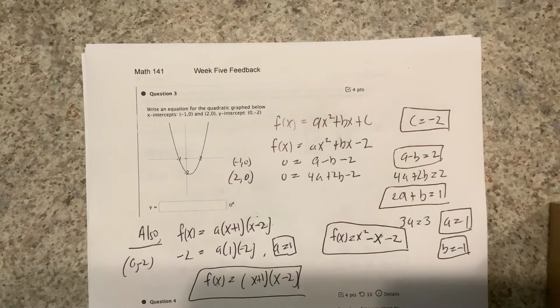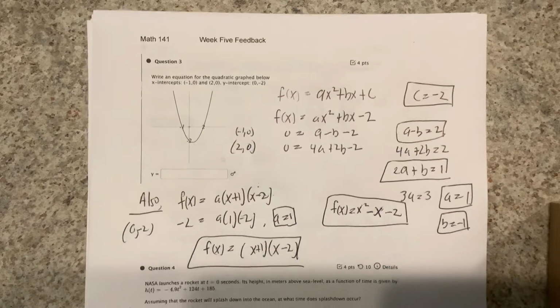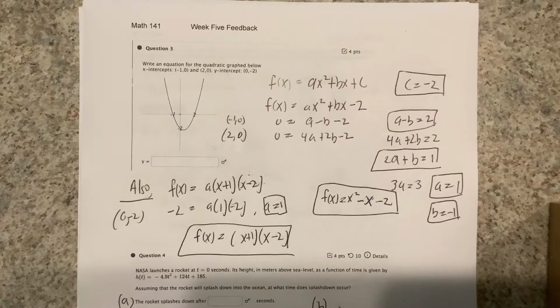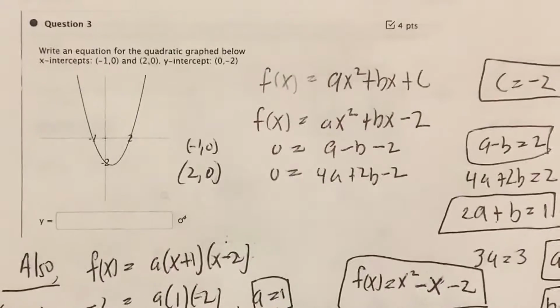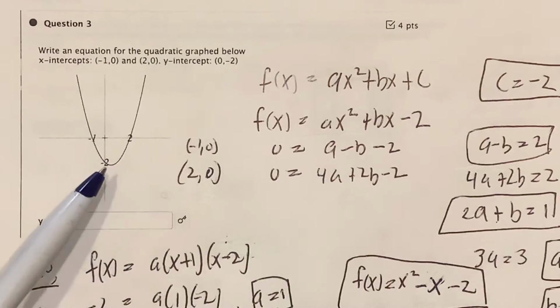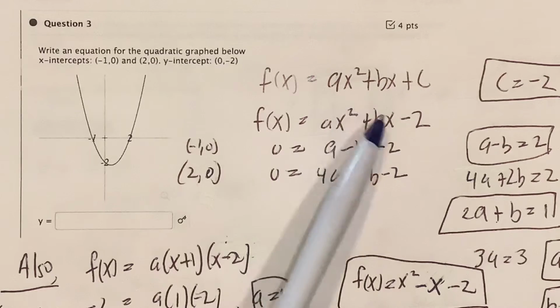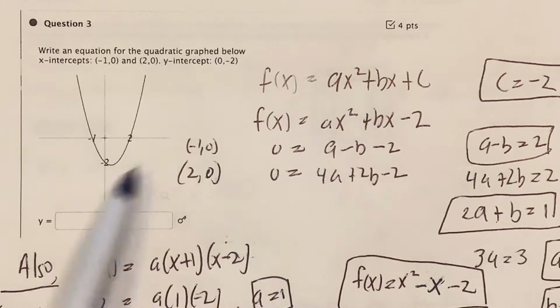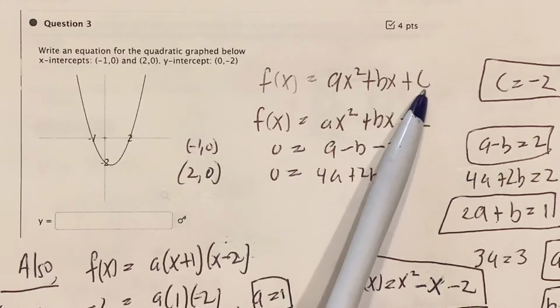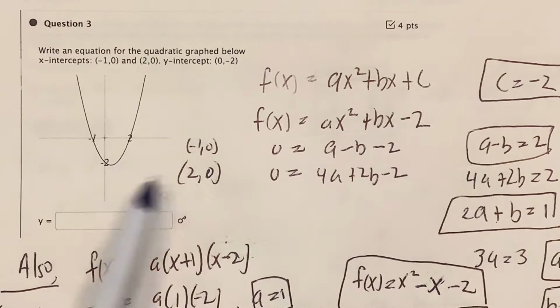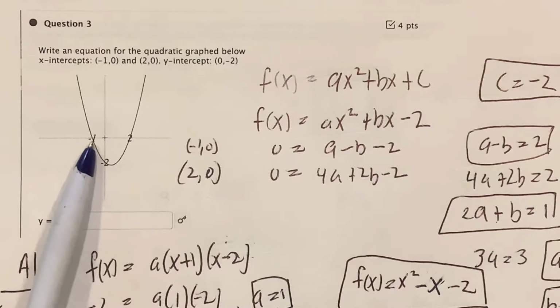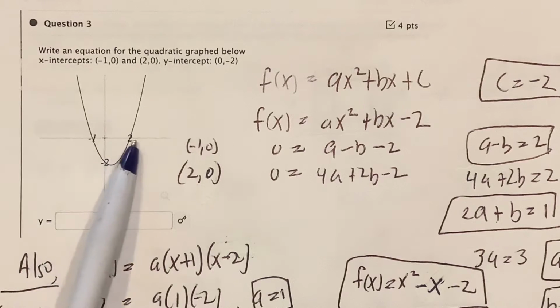Okay. All right. So let's see a couple problems on the homework that people had trouble with. On this first one, they want you to find the equation of this quadratic function. You know it has this form. There's a couple ways to do this. You know the y-intercept is -2, so you know c is -2. Now, one thing you can do is, this is the point -1, 0, this is the point 2, 0.